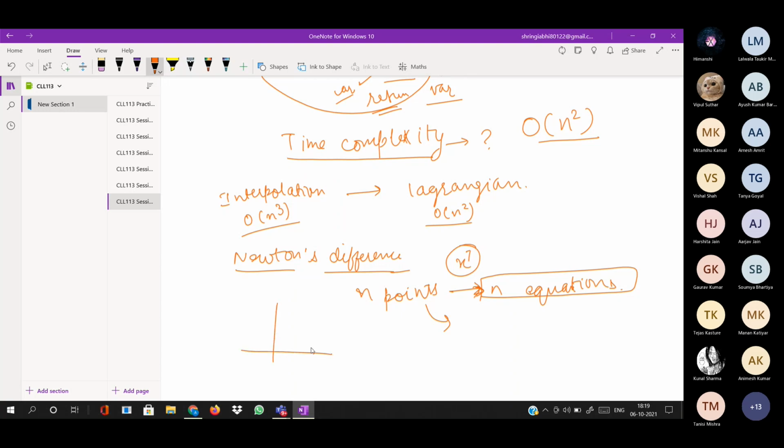If the points are like this, and you are trying to connect them by a single line, that is not possible.